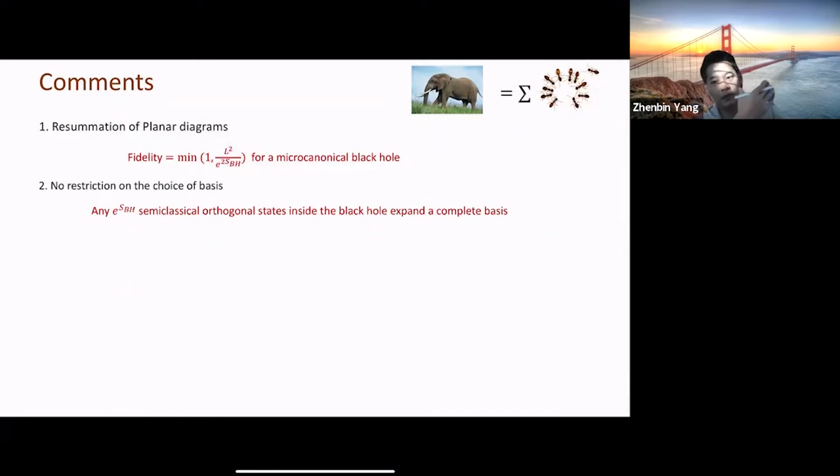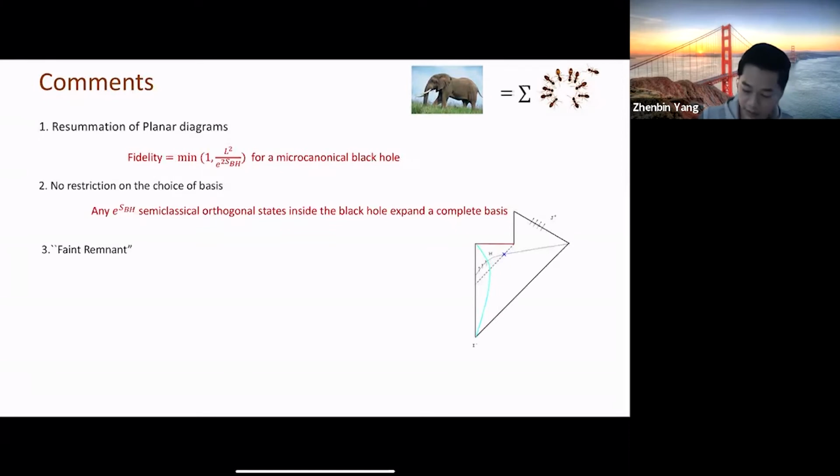For example, you can consider states where the basis is spanned by firewall excitations at the horizon, or you can consider states with smooth horizon geometries and different excitations in the interior. The claim is that you can choose any of those states to form a complete basis.